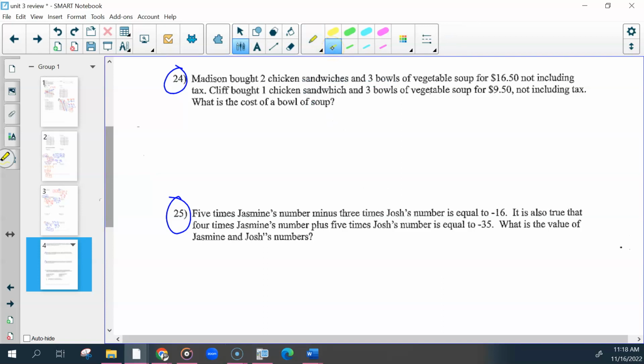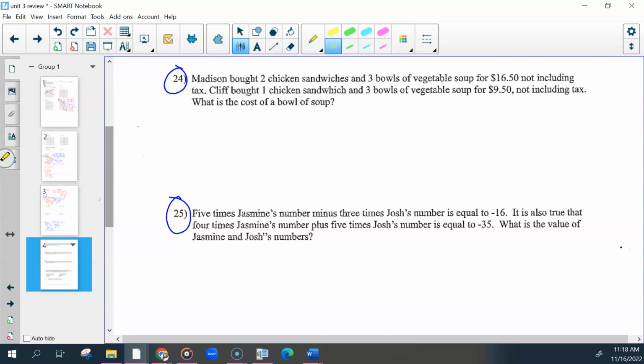Remember with all of your word problems, after you set it up, you have a choice of how you want to solve it. Graphing, substitution, elimination. Circle, underline, highlight, anything you find that is important. If you see numbers, those are usually important.